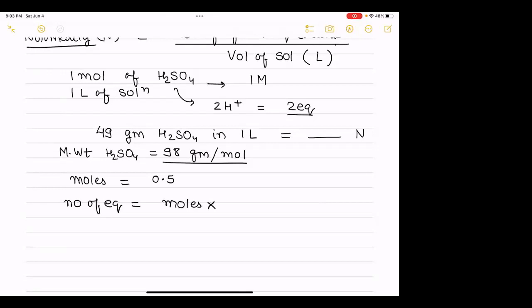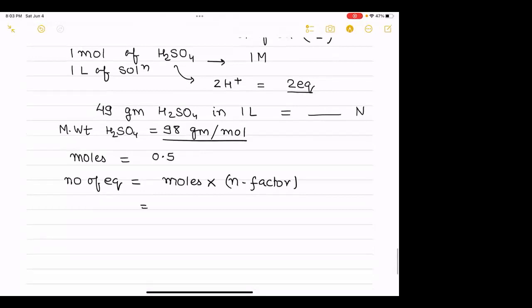Which tells us that 1 mole will release how many moles of that effective thing, H plus ions or OH minus ions or electrons. That is called the N factor. So moles is half a mole only, but that N factor is how much?